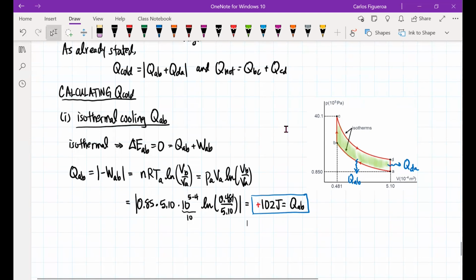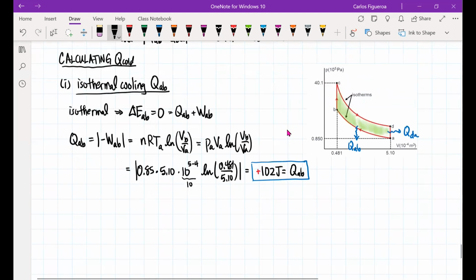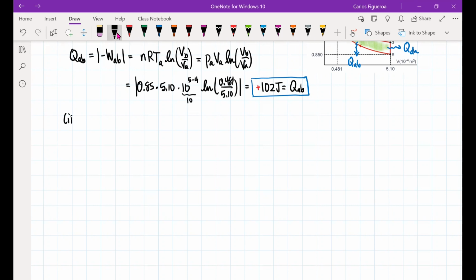So now let's go to the next heating. Our next heating is isochoric cooling along path DA.